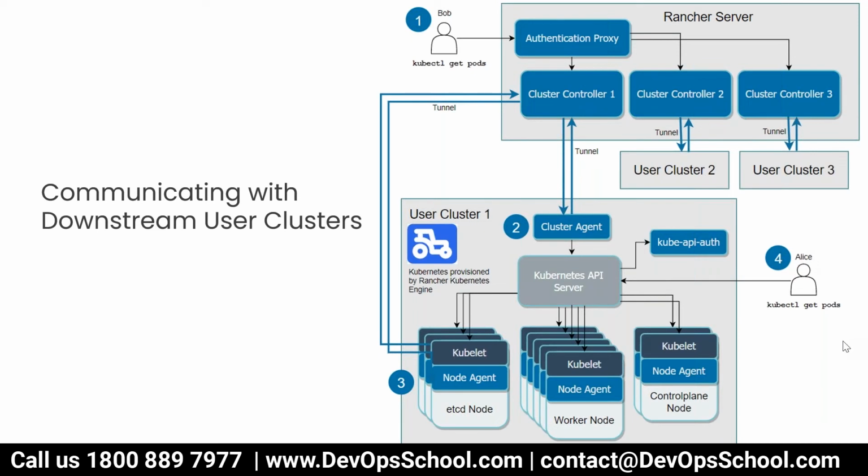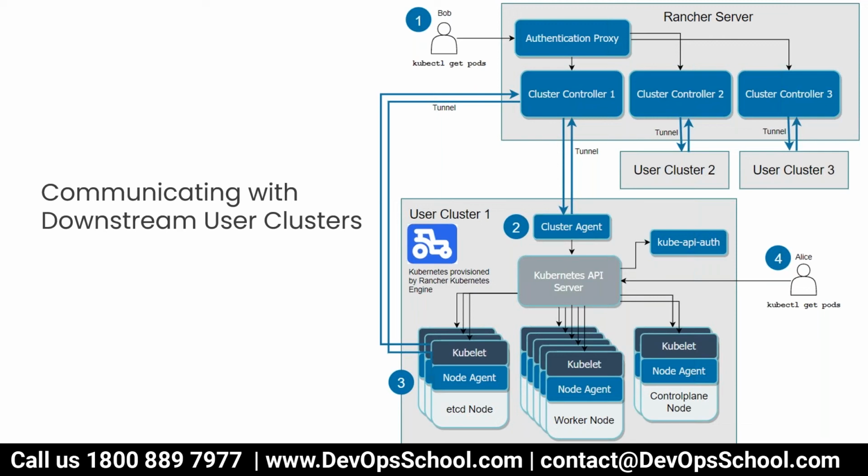So we were discussing how the communication with the downstream user cluster happens. Remember that we connect with the Rancher server using the authentication proxy, and after that the authentication proxy passes the data request to the cluster controller, and the cluster controller sends that request to the cluster agent, which is nothing but the API server of the Kubernetes cluster.